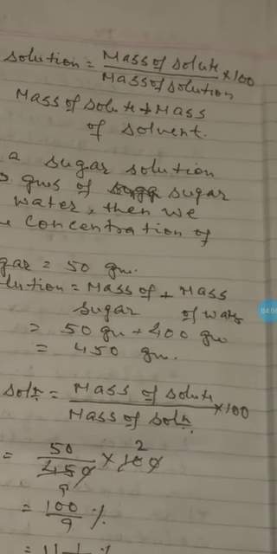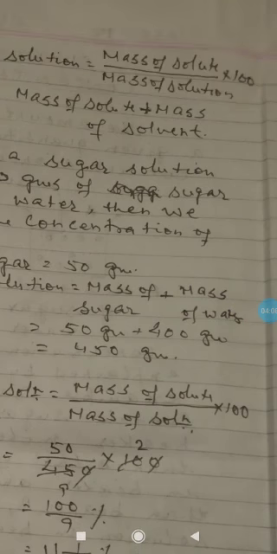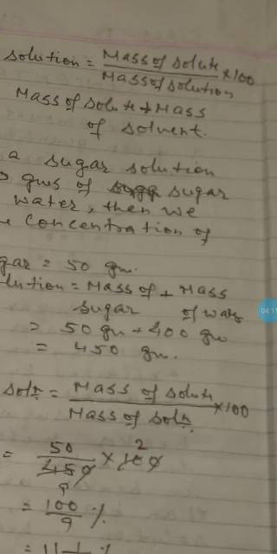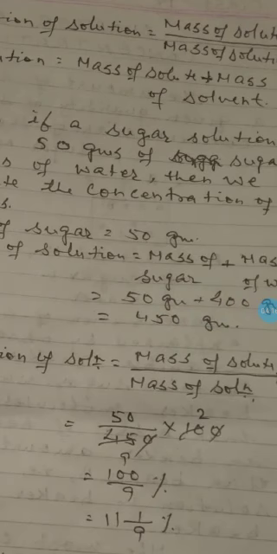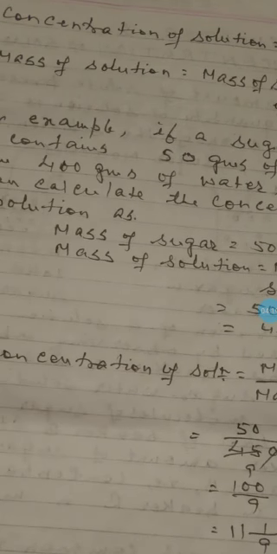Concentration equals the mass of solute divided by the mass of solution, times 100. Mass of solution equals mass of solute plus mass of solvent.